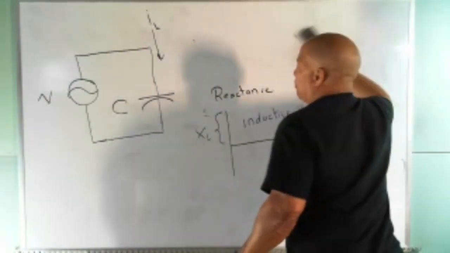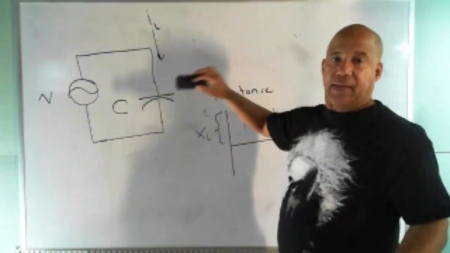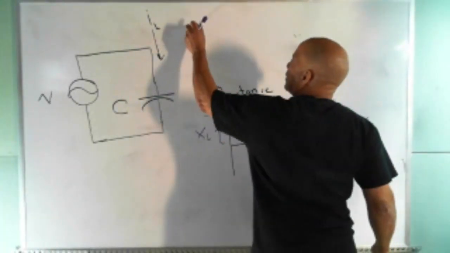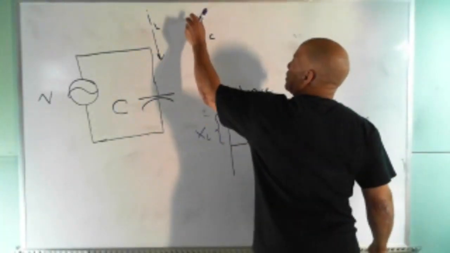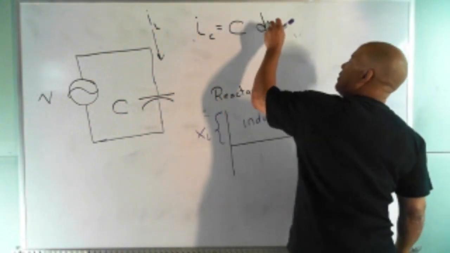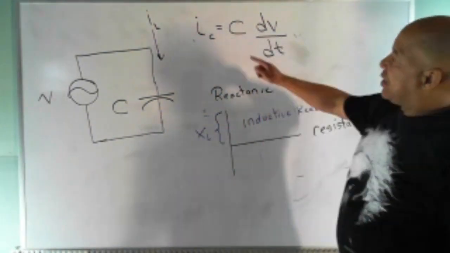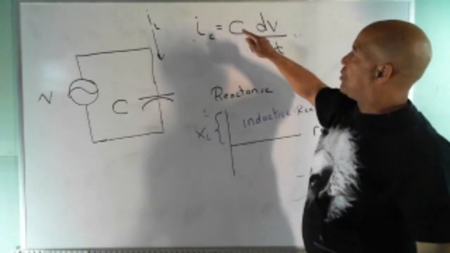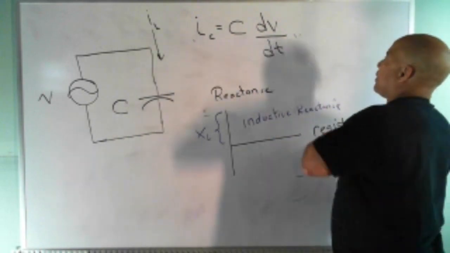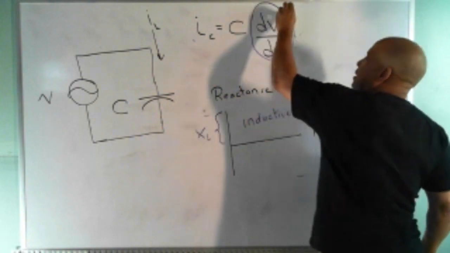So now I have to have what we call the differential equation that says how the capacitor acts. And what that looks like is this. The current to a capacitor is equal to C dV dt. The current to a capacitor is equal to the value of the capacitor times what? This thing right here, dV dt, which means, again, that's a derivative.